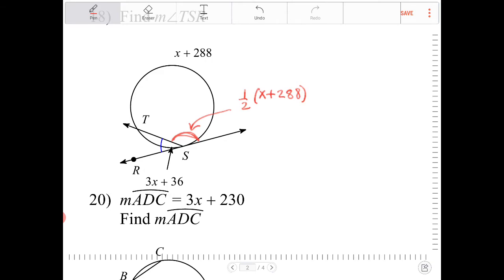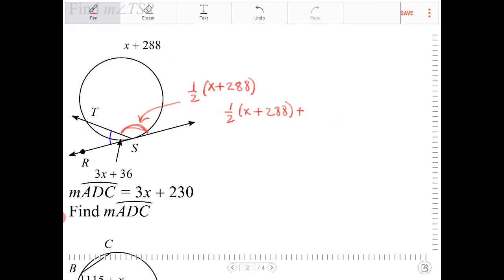And if you think about it, you can do 1/2 of x plus 288 plus 1/2 of x plus 288 plus 3x plus 36. That will be 180. This is an alternative way of thinking about it. You'll end up with the same exact quantity at the end.